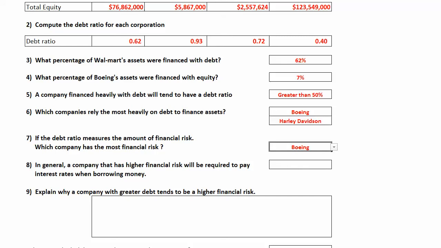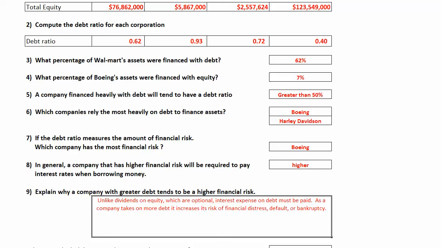And in general, companies that have higher financial risk are required to pay higher rates of interest, which helps explain why firms that have greater amounts of debt tend to be higher financial risks, because unlike dividends on equity, interest expense on debt must be paid, as must the principal upon maturity. Therefore, a company that takes on more debt increases its risk of financial distress, default, or perhaps even bankruptcy.